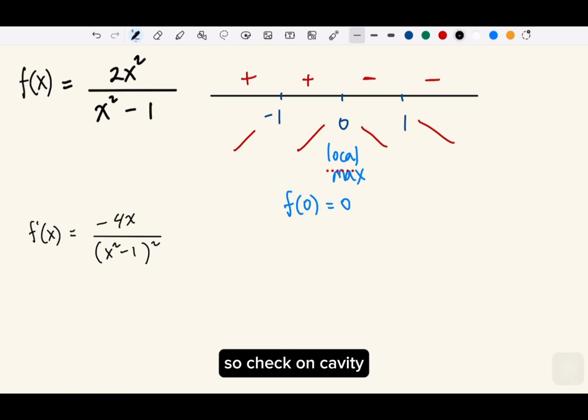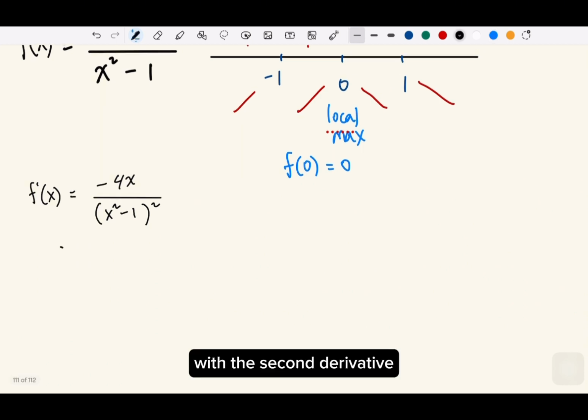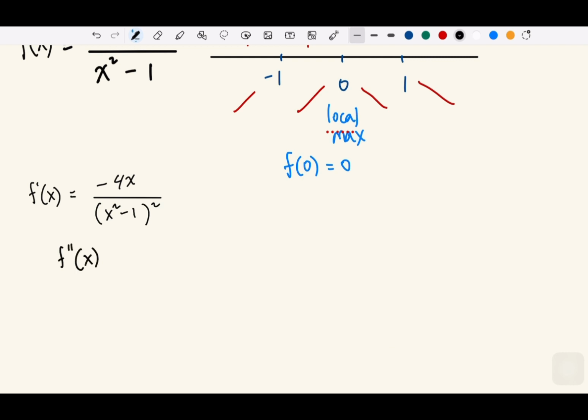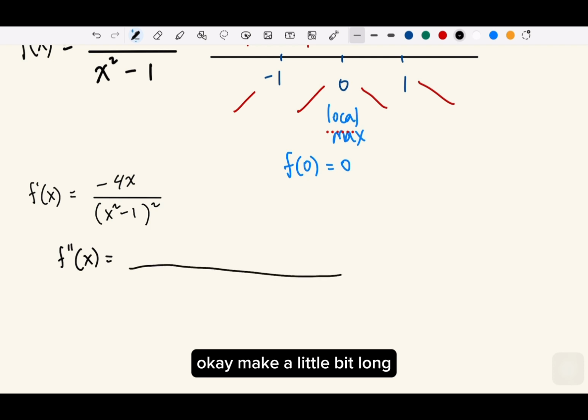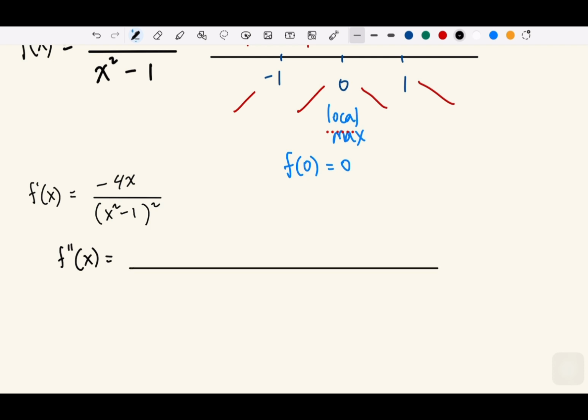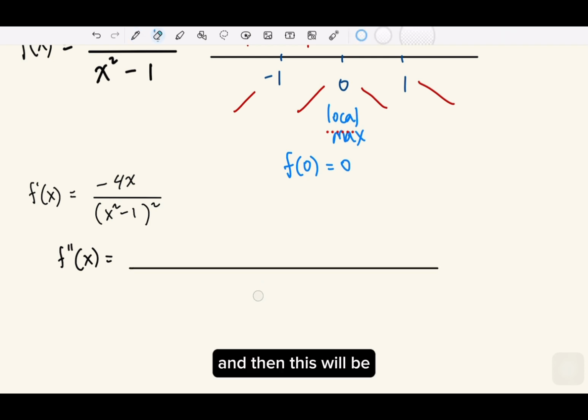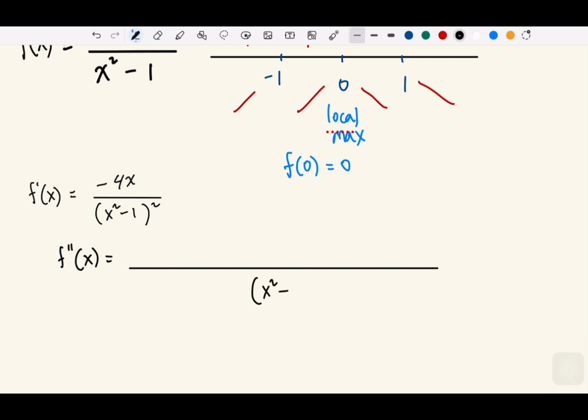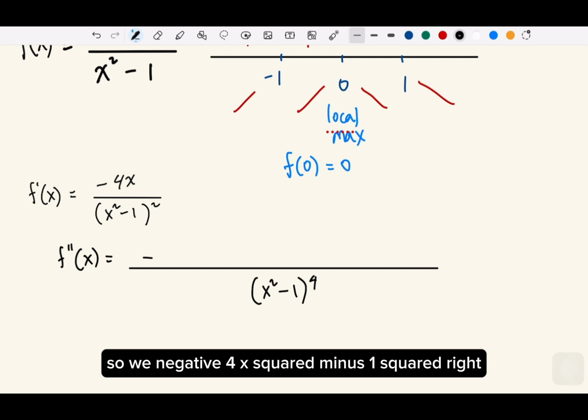So check concavity with the second derivative. Okay, make it a little bit long. And then this will be 4. This will be negative 4 over x squared minus 1 squared, right?